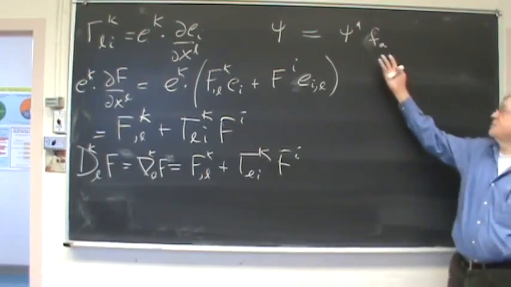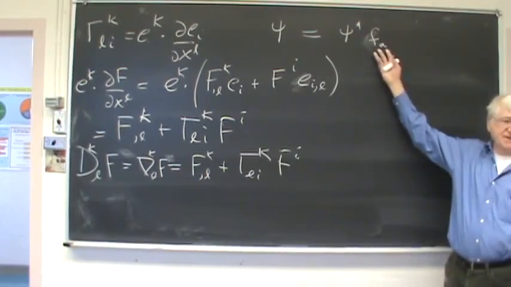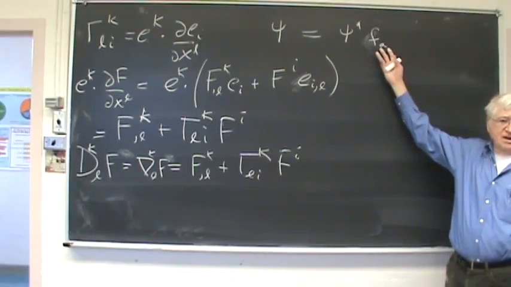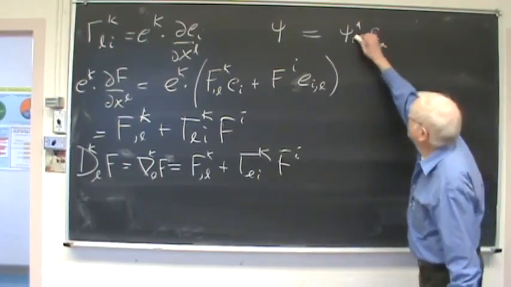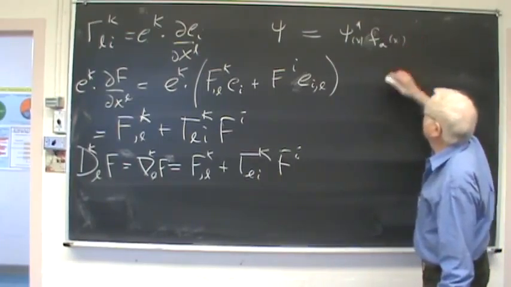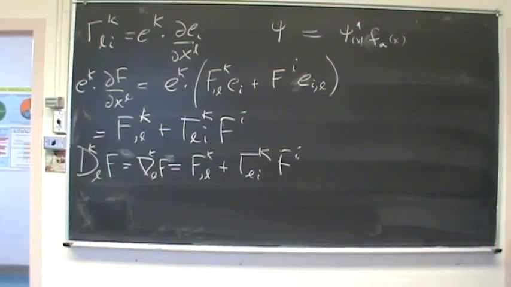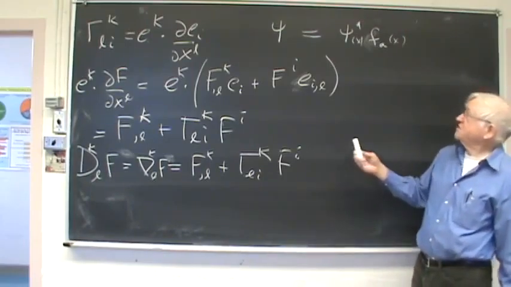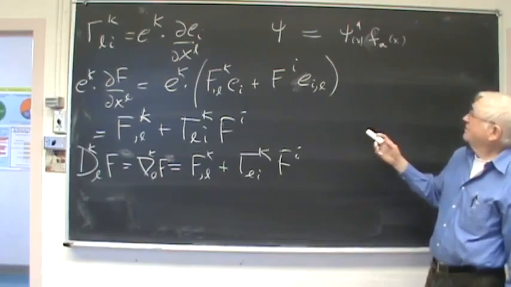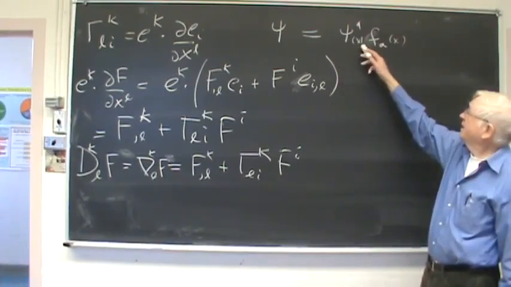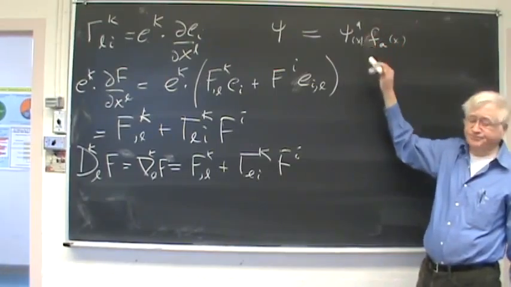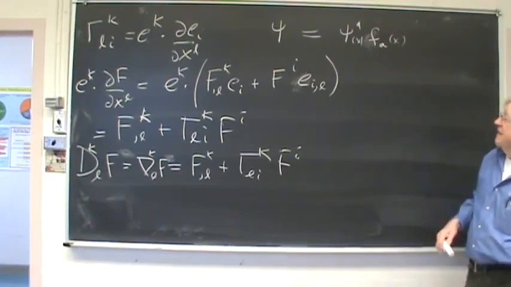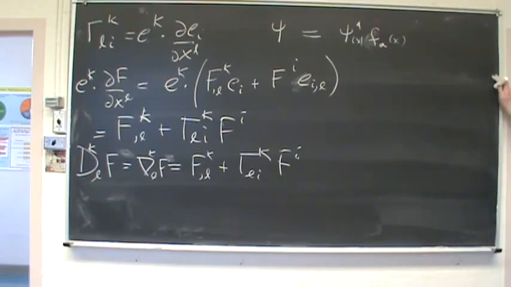And so we might think of these as 4 vectors that are associated with a particular place. And if under a Lorentz transformation the psi goes one way, then these F go the other way so as to compensate. And then psi is invariant under Lorentz transformations.